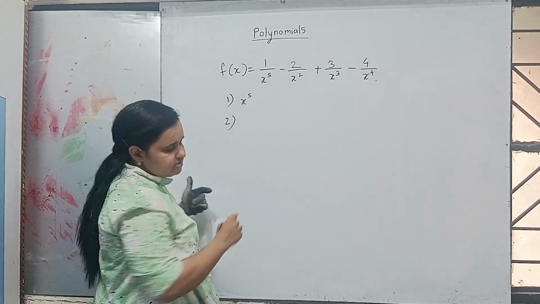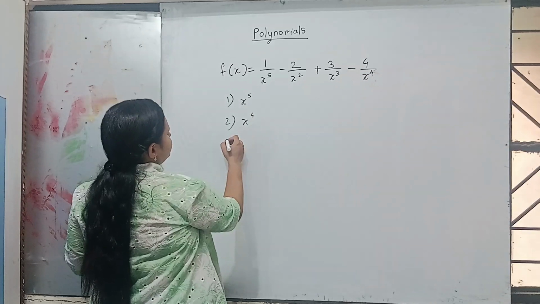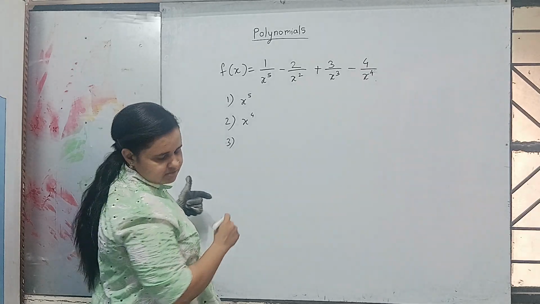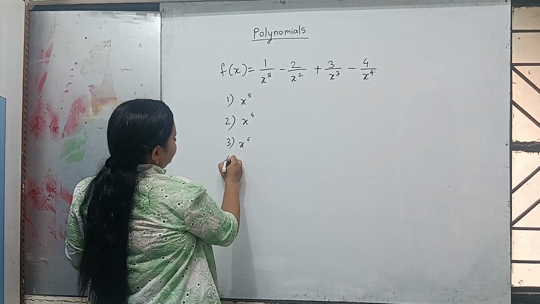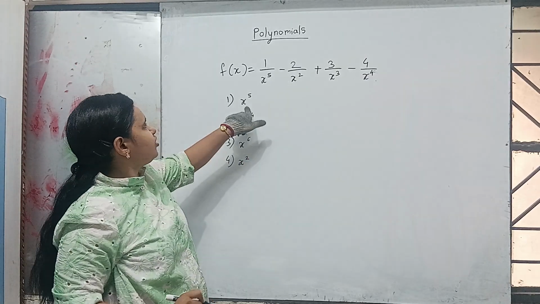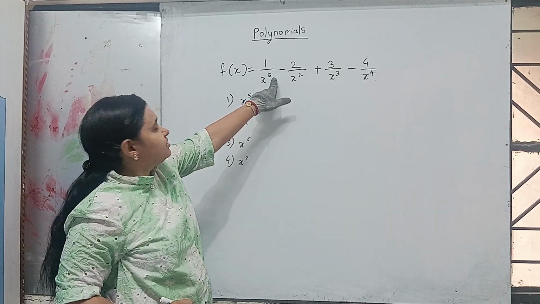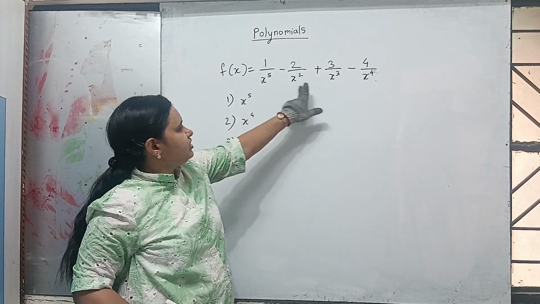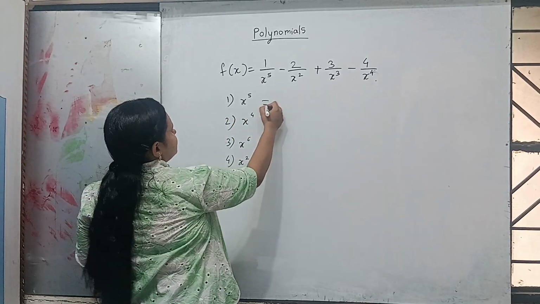So we are writing options: x to the power 5, x to the power 4, x to the power 6 and x to the power 2. So if we multiply the first option to the whole term, what will we get?